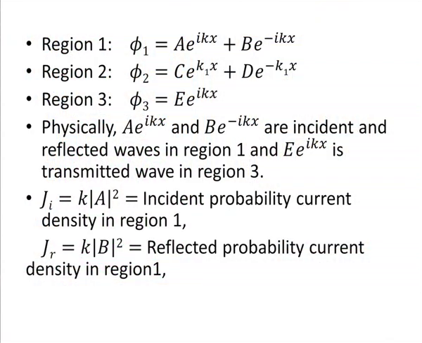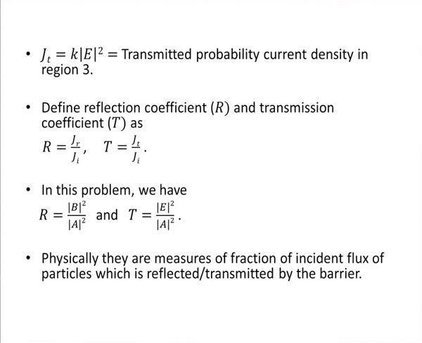In the earlier series I told you how to write these J's, and just by simple applications we can get these expressions. Now, J T, that is the transmitted probability current density, is written as k times mod E square.